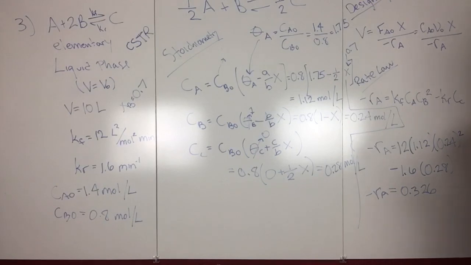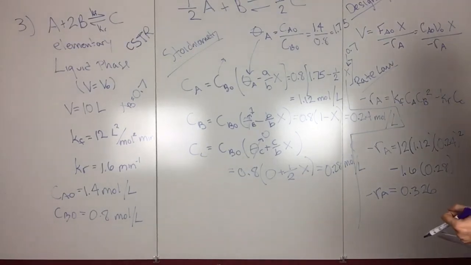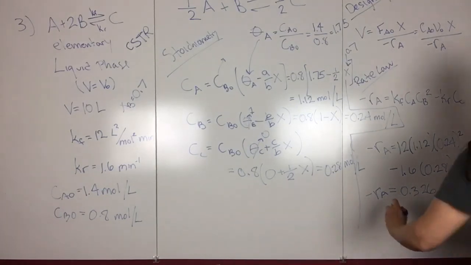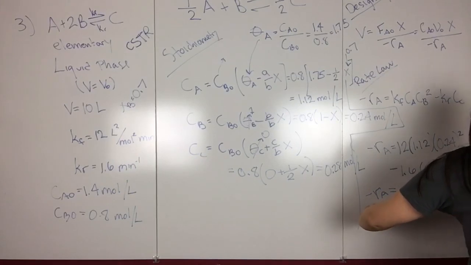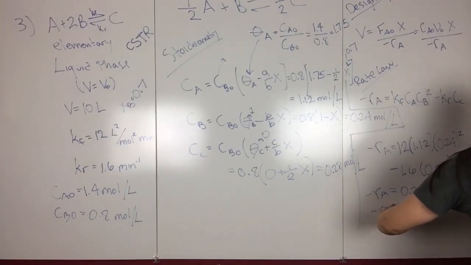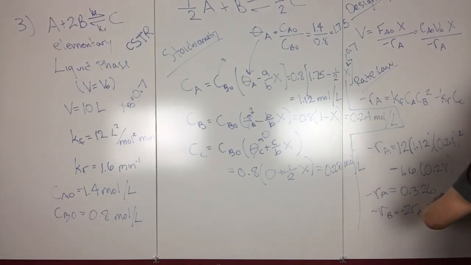And then one thing to notice is that it gave us the rate of A, but we actually need the rate of B because that's what we're looking at. And so from stoichiometry, we know that the rate of B is equal to 2 times the rate of A. And so from that we get that RB is equal to 0.6.